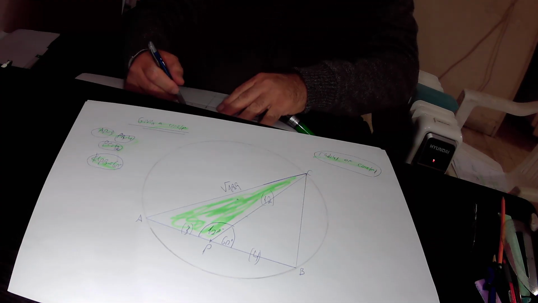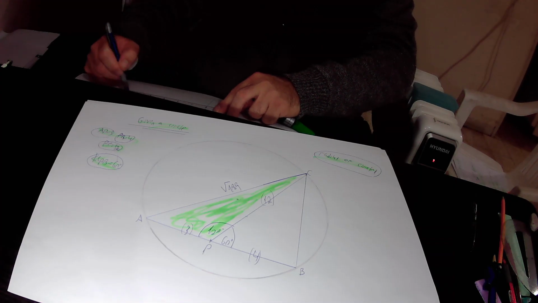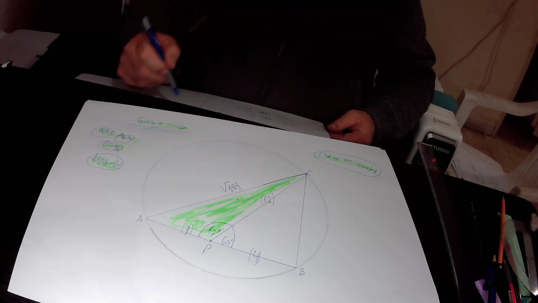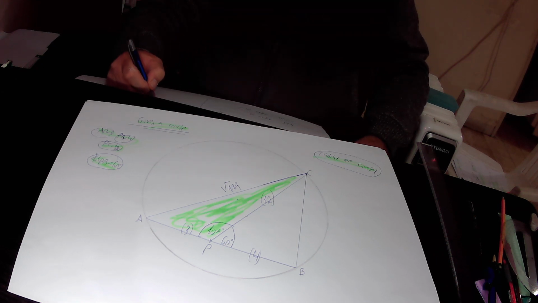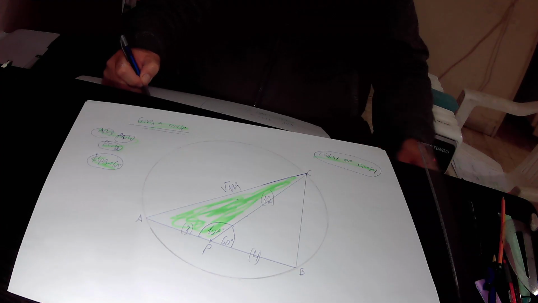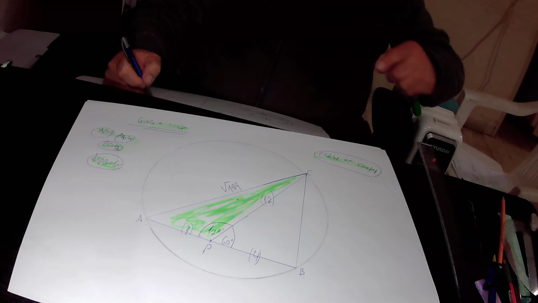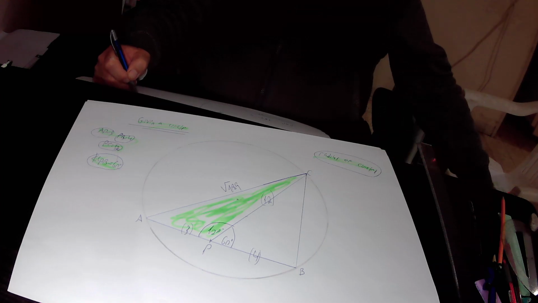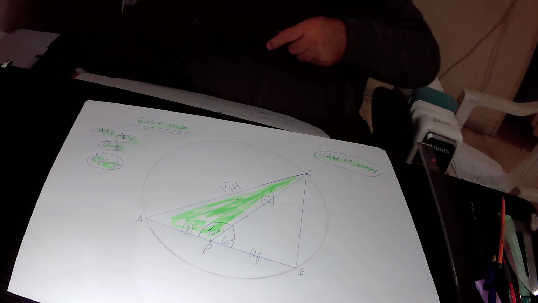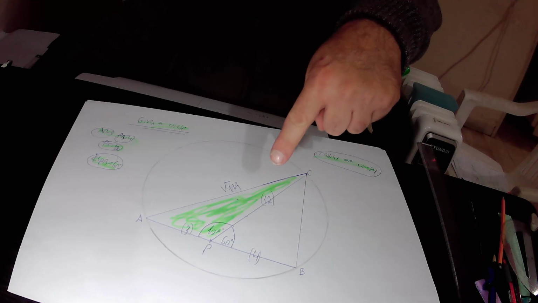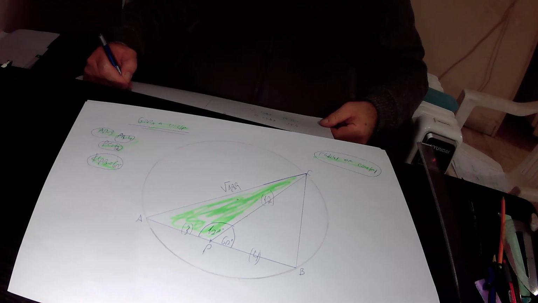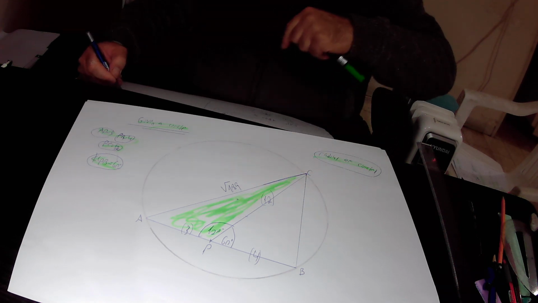CB square equals PC square plus PB square minus 2 times PC times PB times cosine 60 degrees.